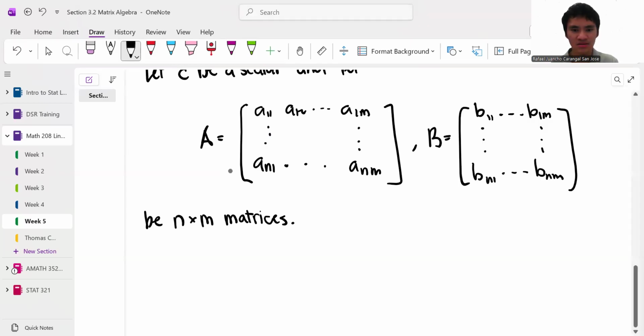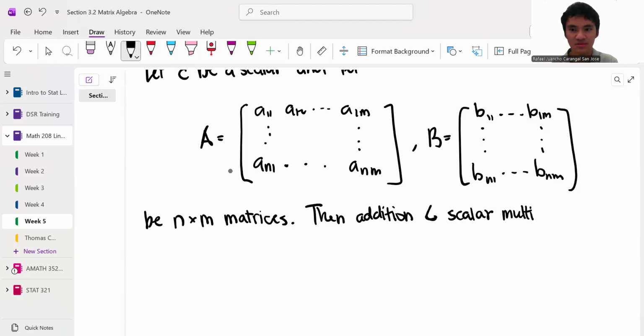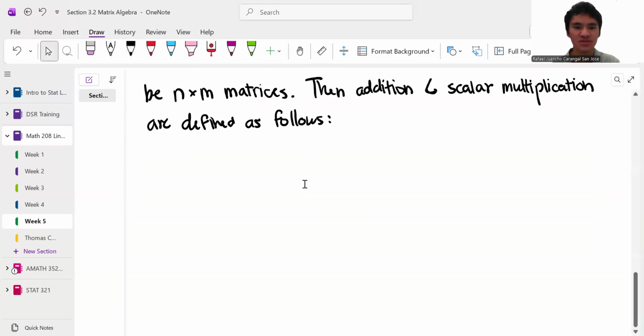We say that addition and scalar multiplication are defined as follows.